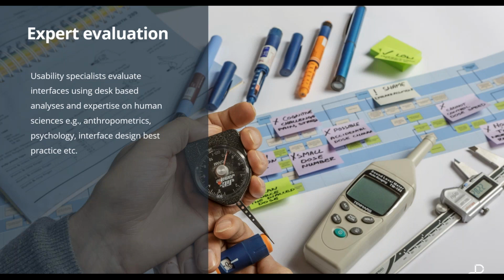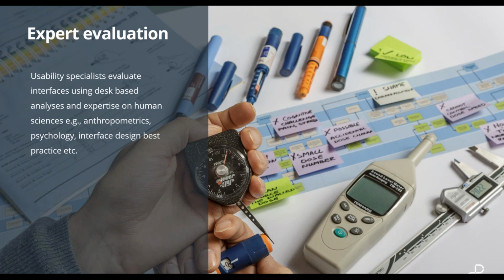That involves getting usability specialists or domain-related specialists with experience of that particular type of product to evaluate the interface, the hypothetical interface or the concept interface, in a paper-based manner, based on their expertise and human sciences more generally.